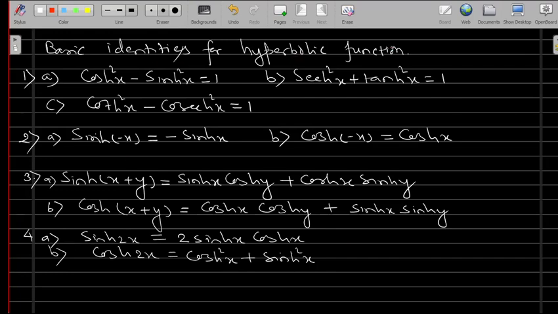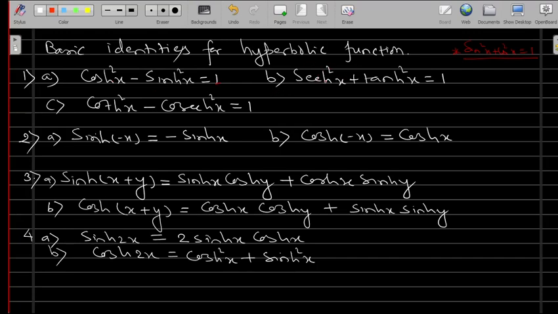Basic identity for hyperbolic function: cosh square x minus sinh square x equals 1. In general, sine square x plus cos square x equals 1, we know that. But here, cosh square x minus sinh square x equals 1.